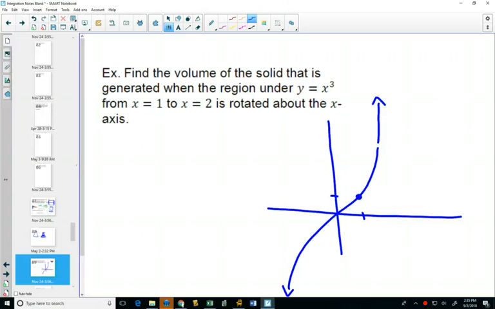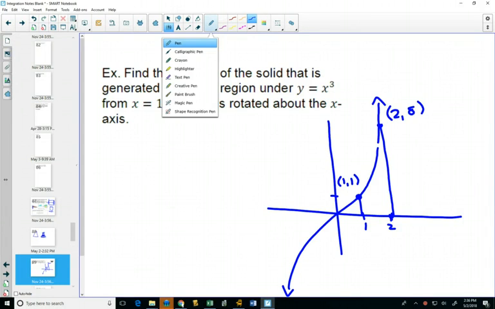You've got the point (1, 1), and you would have the point (2, 8). So this is the area underneath that curve.